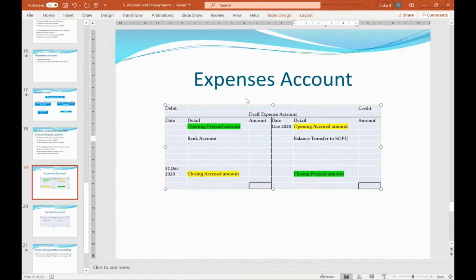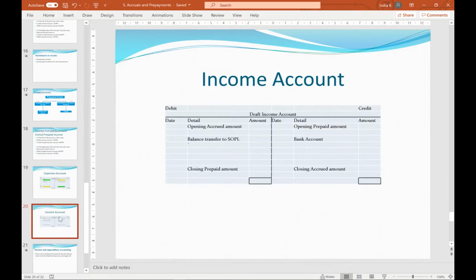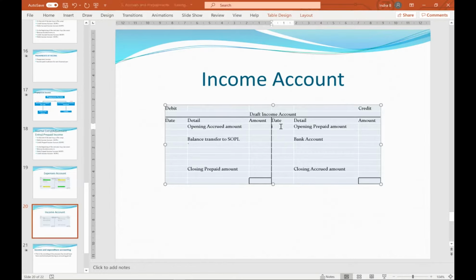Similar to this draft expense account, there is an income account. Okay. So in this again, this figure is showing on 1st January 2020. Okay. And this is also on 1st January 2020.